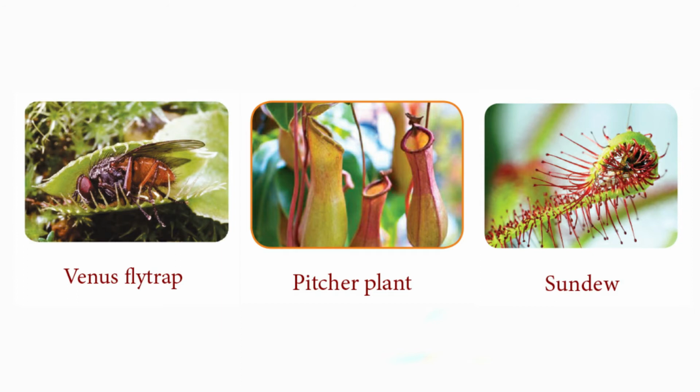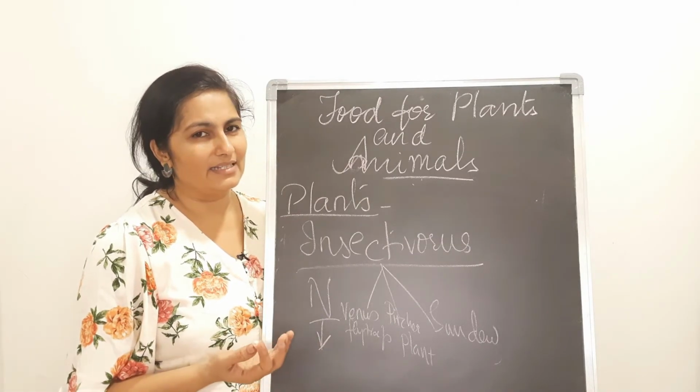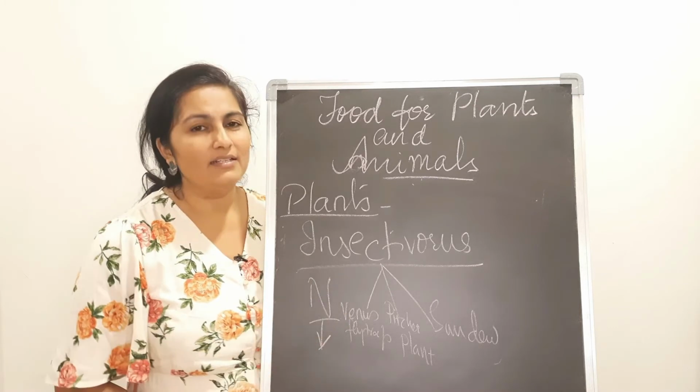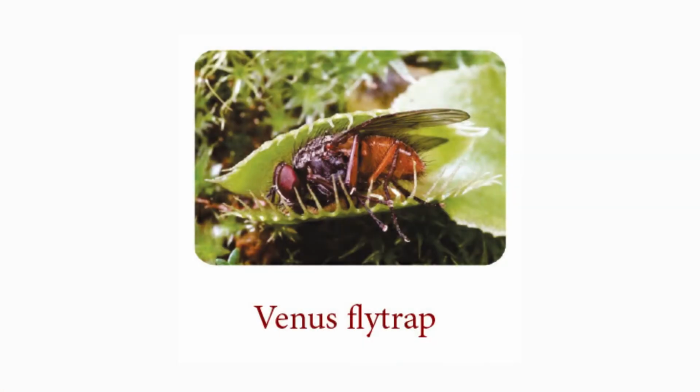Now, how do they eat the insects? Very interesting, right? Something that we need to know. The first one, the Venus flytrap: imagine the leaf is like this, and on the sides of the leaf there are hair-like follicles, which are very sensitive to touch.